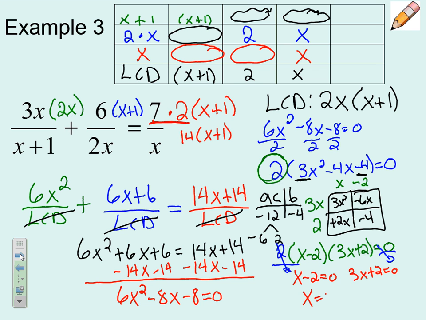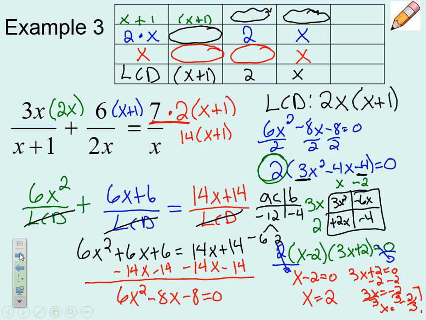So x can equal 2. Or if I subtract 2 over here, I'm going to get 3x equals negative 2, divided by 3, x equals negative 2 thirds.